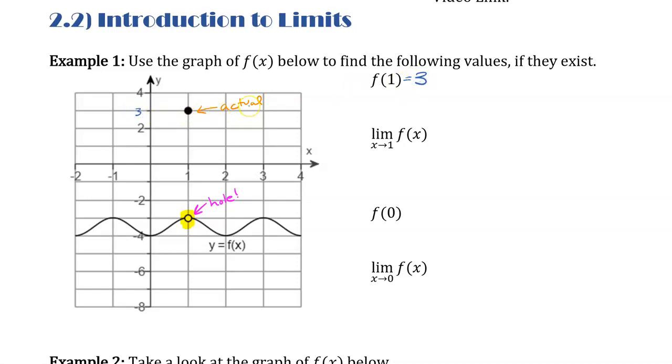Okay? However, the limit as x approaches 1 of the function is not 3. I mean, the actual point is 3, yes. But the limit, well, that's where the hole is. Because that's where it looks like it's going to be.